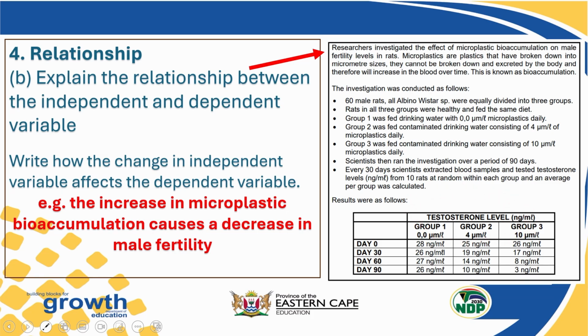So if my question is asking me to explain the relationship between independent and dependent, I therefore need to use microplastic bioaccumulation and male fertility in rats in my explanation. Therefore, my answer will change. It will no longer be the increase in microplastic bioaccumulation causes a decrease in testosterone. It will be the increase in microplastic bioaccumulation causes a decrease in male fertility levels in rats.